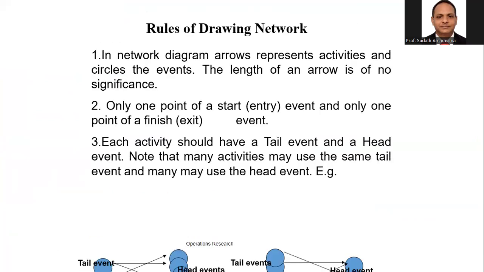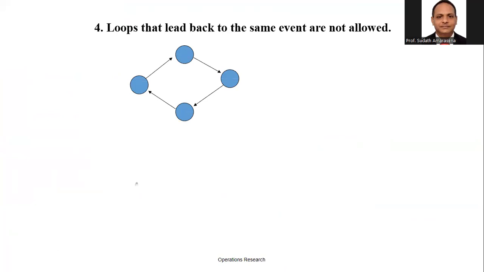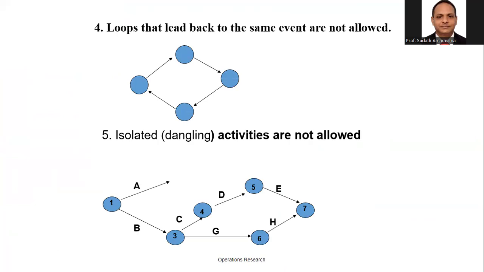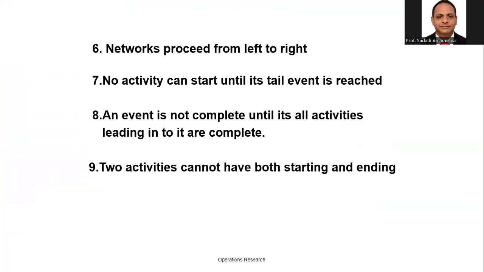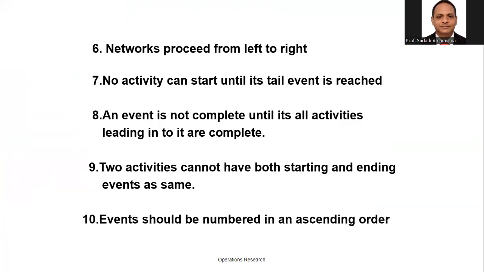We did three examples according to my memory. Everybody should know how to draw the diagram and how to identify the critical path. There are two methods I explained. One is the longest path method, and the second one is the earliest start time and latest completion time method.